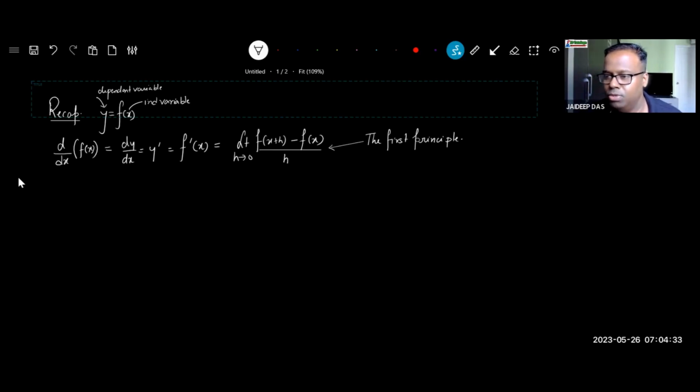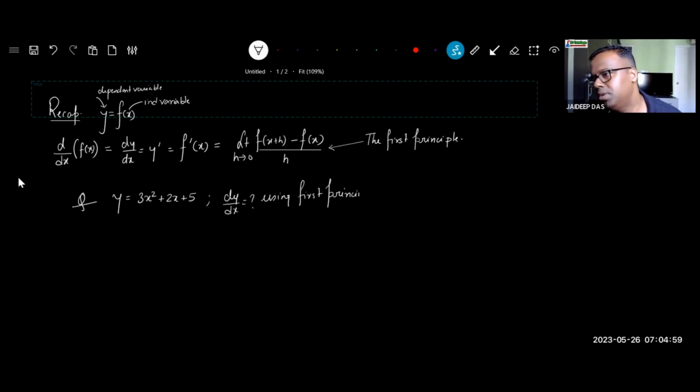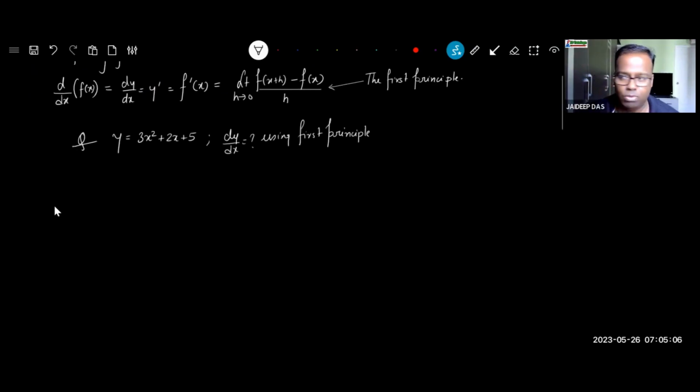Say, for example, we take a problem: y equal to 3x squared plus 2x plus 5, and somebody tells us to find dy by dx using first principle. This is the only last example I'll be doing with first principle. We'll break our head when we do mathematics, but now I need to give you the mixer grinder, so we go the formula way first.